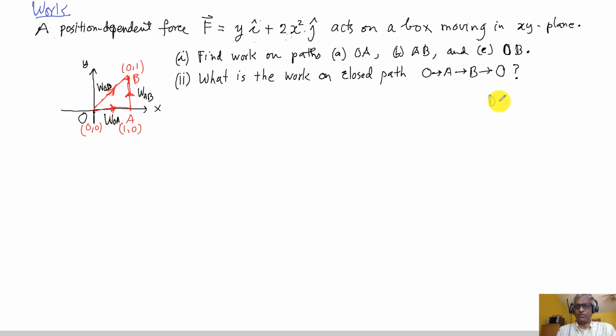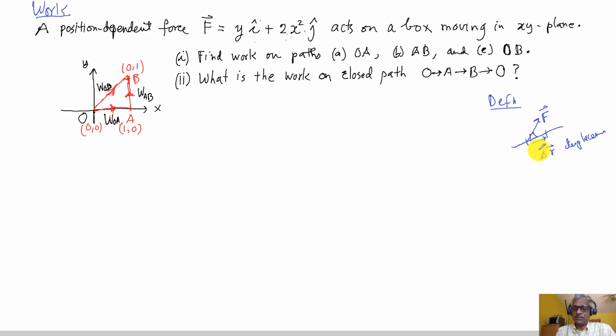The definition of work is: if an object is moving in this direction, and goes from here to here, let's call that delta r, the vector displacement, and there's a force acting on it.